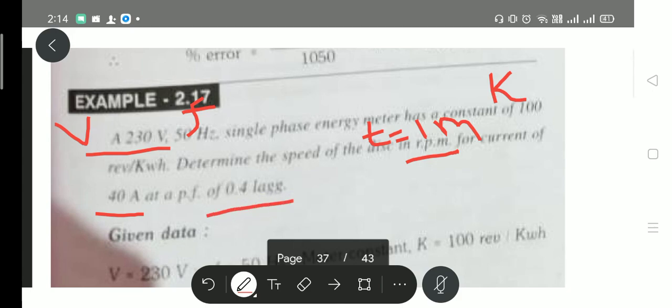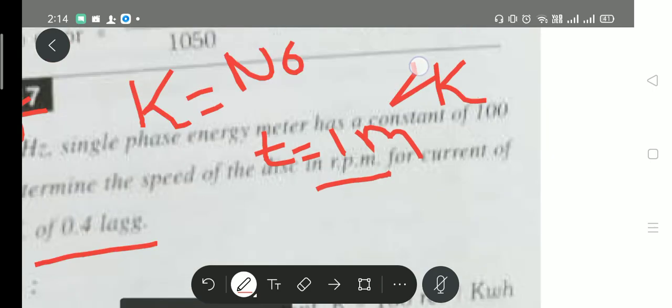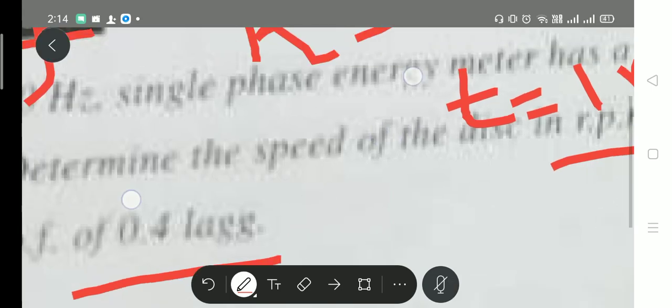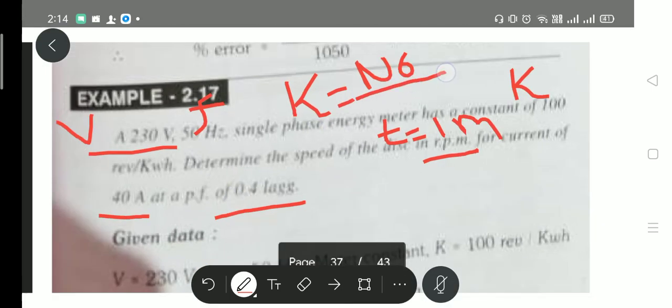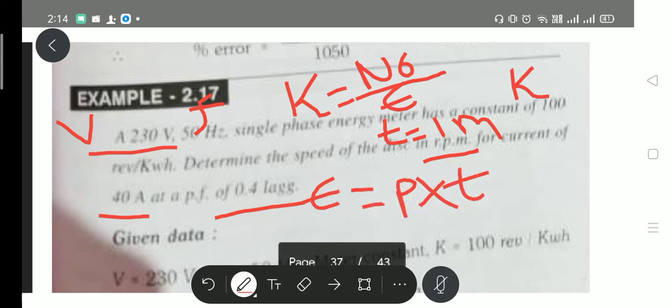From the K value we can find the number of revolutions by energy, but we don't know the energy. Energy is power into time, and we don't know the power also.